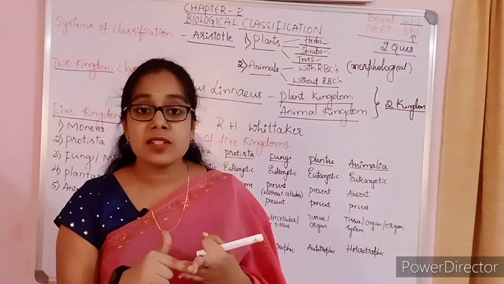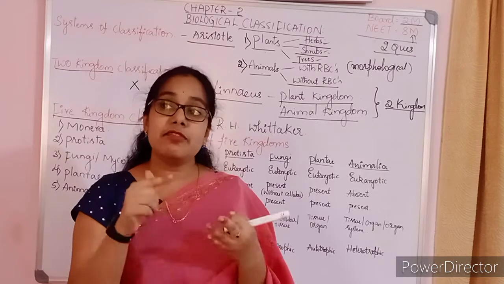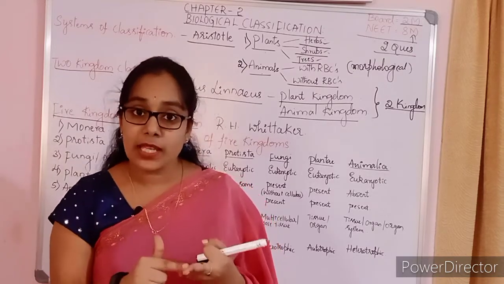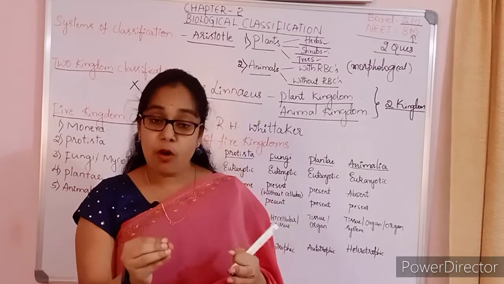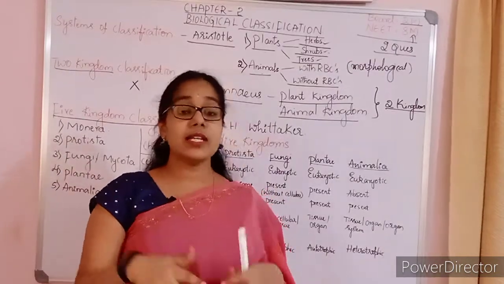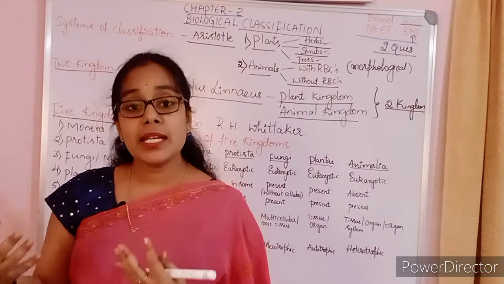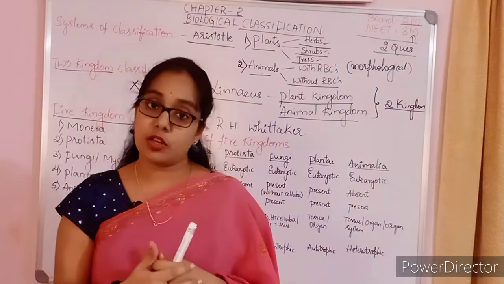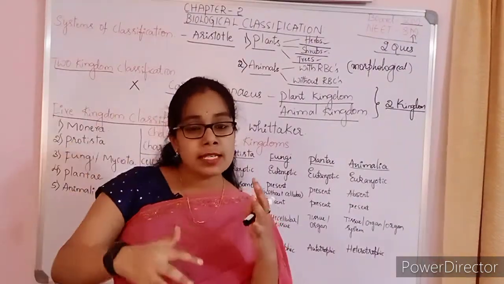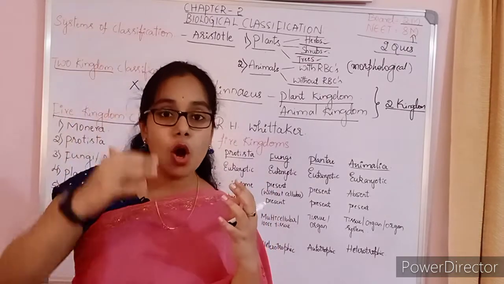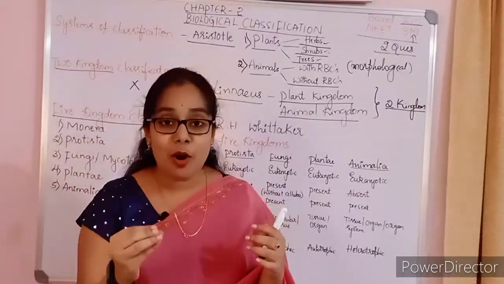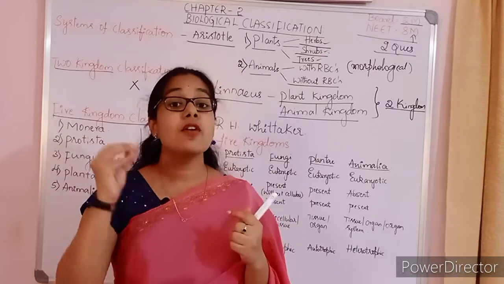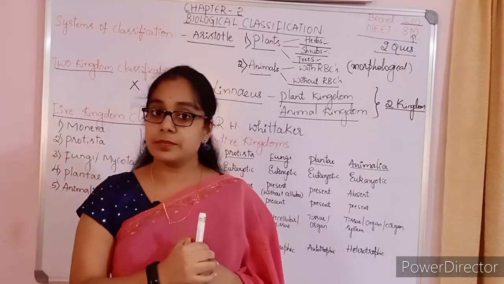Again he observed certain characters, like if it is a multicellular organism, whether the organism is made up of only tissues or it has some organs or organ system or not. Keeping all these points in his mind, he classified living organisms into 5 kingdoms.